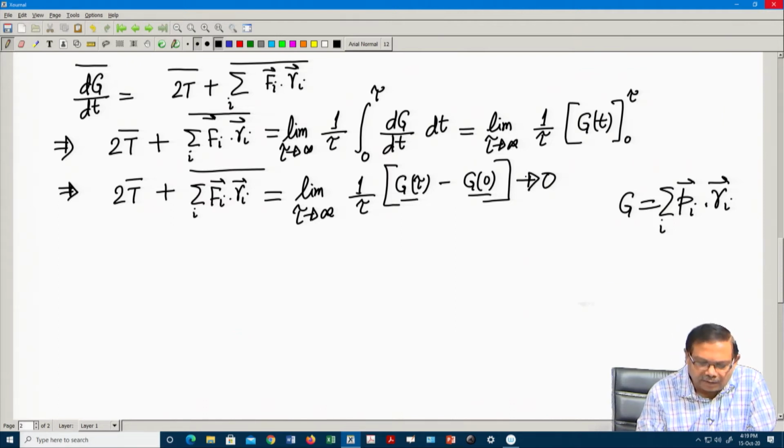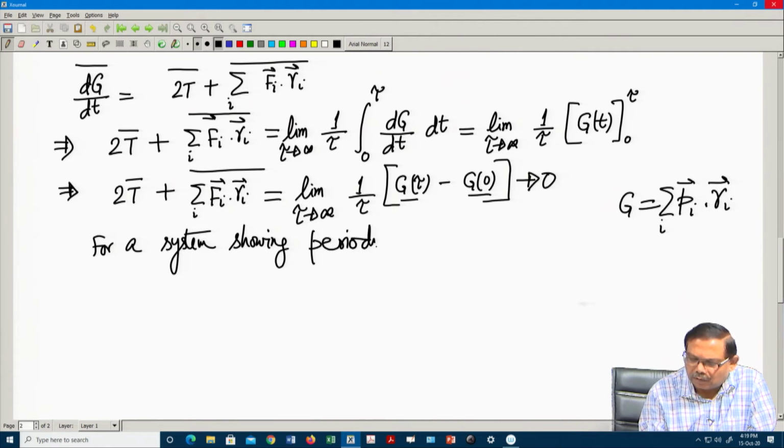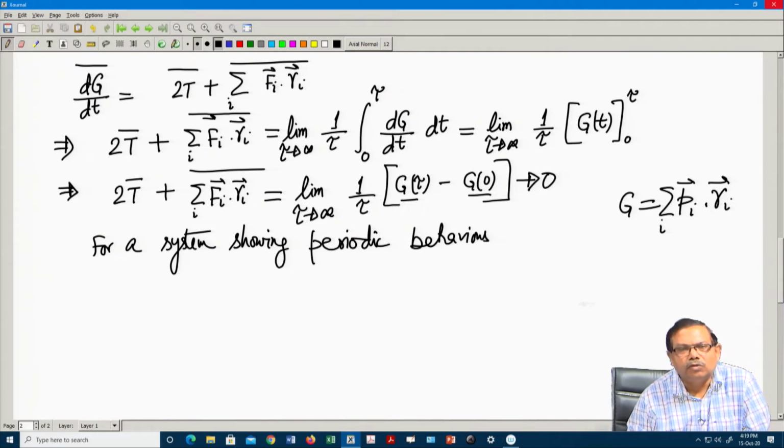On the other hand, for a system showing periodic behavior, like a single spring and mass system, pendulum, etc., they show oscillations.